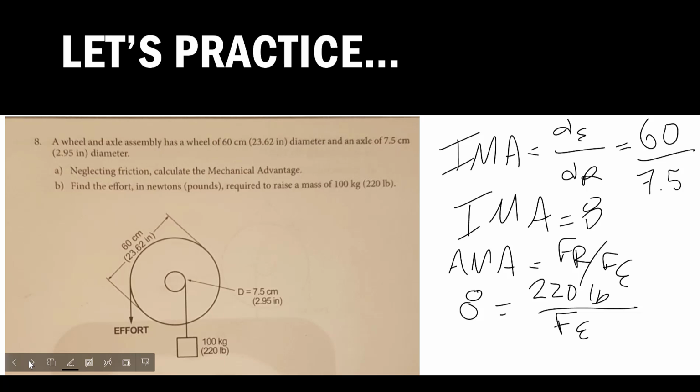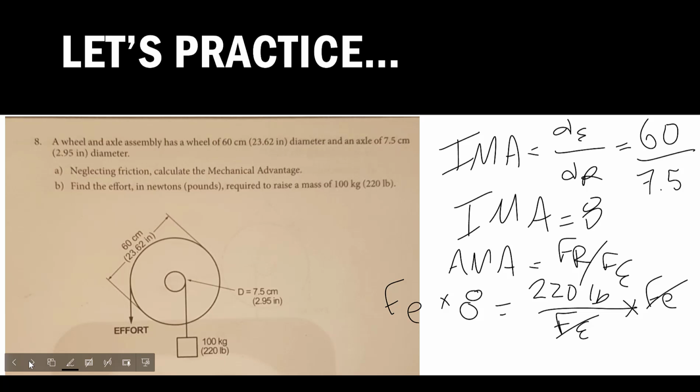Currently, we're saying it's 220 divided by FE equals 8. So you have to undo the dividing. So you can actually multiply both sides by FE. On the right, those cancel. And now you have the effort force times 8 equals 220.